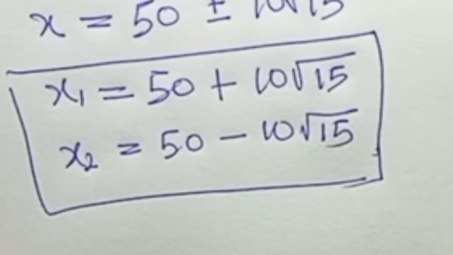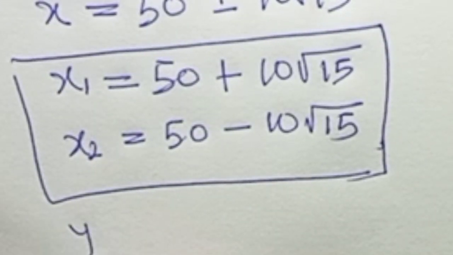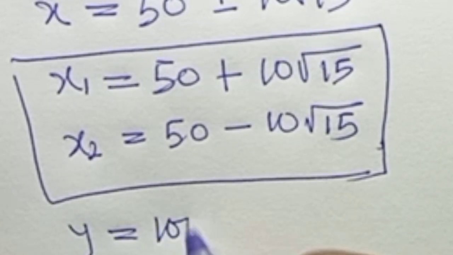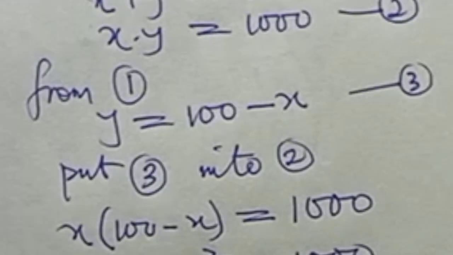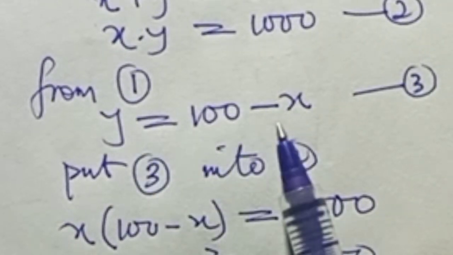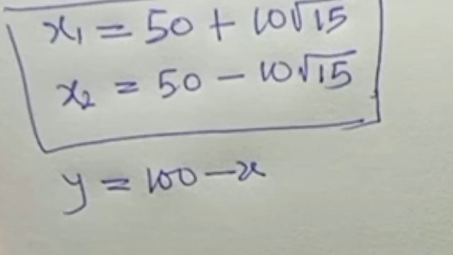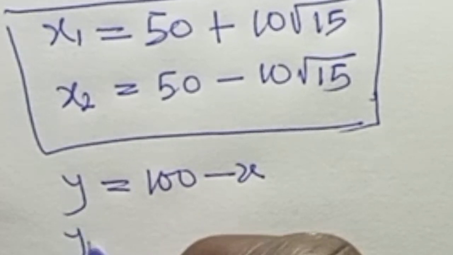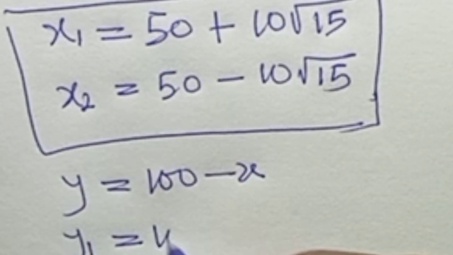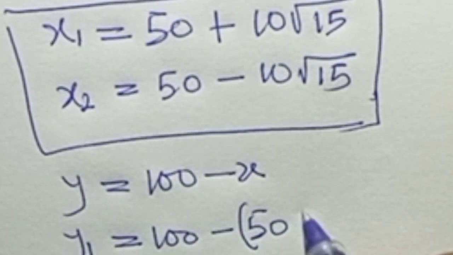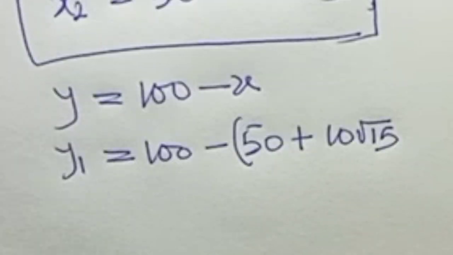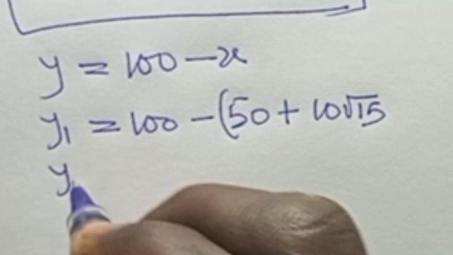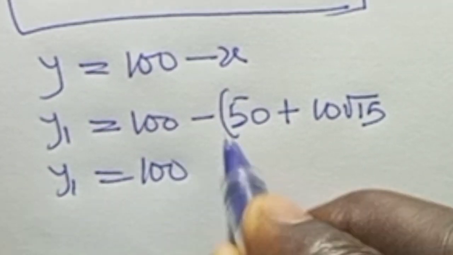But we recall that from equation 3, y is equal to 100 minus x. This is equation 3, y equals 100 minus x. So for y1, 100 minus x1, which is 50 plus 10 root 15. So if you simplify further, y1 will be equal to 100.